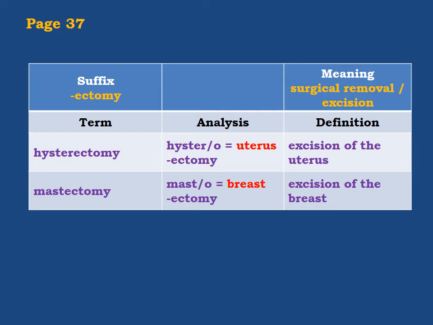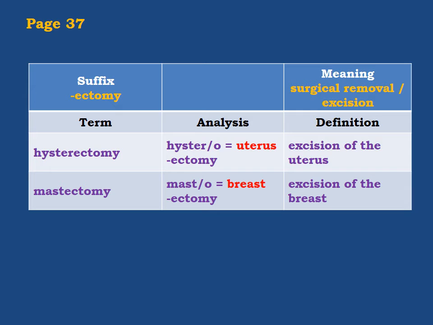Not just to make a cut and keep it there, but to cut a part and remove it, get rid of it. Okay? So the first term we have hysterectomy, and hyster here means uterus or womb of the woman. And ectomy means surgical removal. Now what is the meaning? Excision or surgical removal of the uterus, to cut it and remove it.